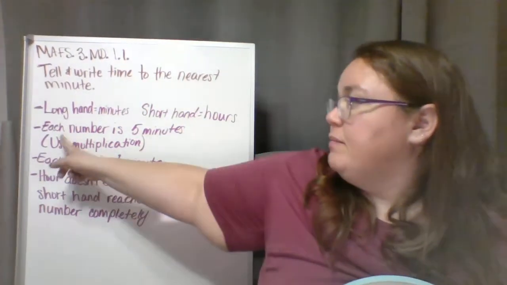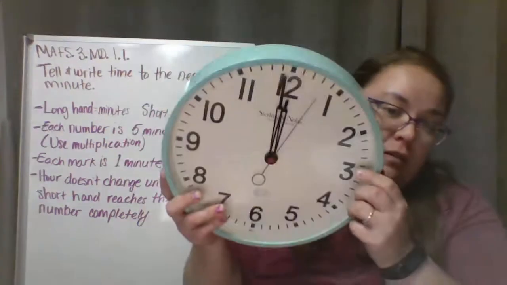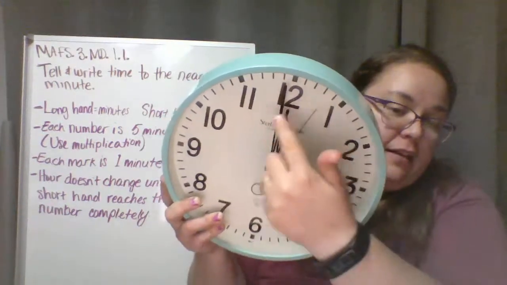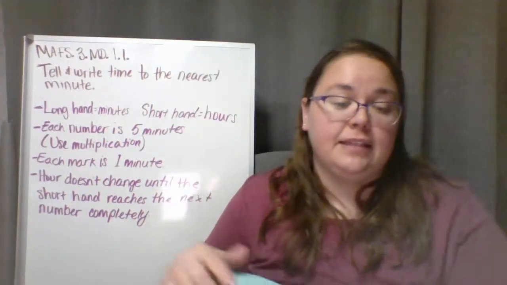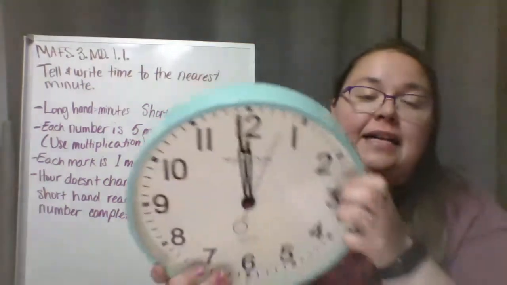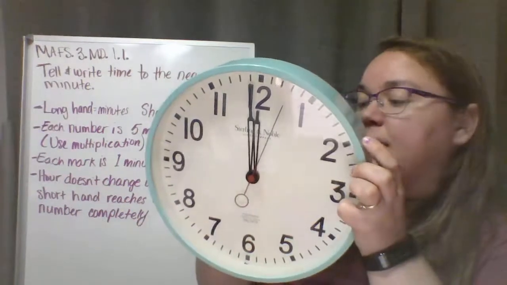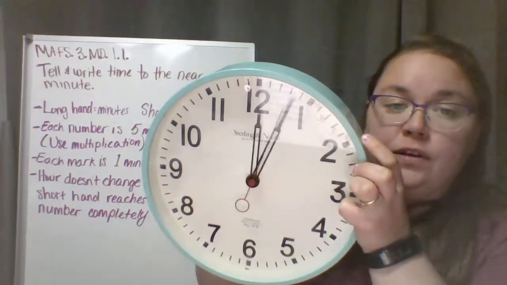So one thing to remember, each number, so the 12 numbers, try and get the glare off, 1, 2, 3, 4, 5, 6, 7, 8, 9, 10, 11, and 12. Each number is 5 minutes. What I mean by that is it takes 5 minutes for the minute hand, and I'm going to move the minute hand here, to go from the 12 to the 1.